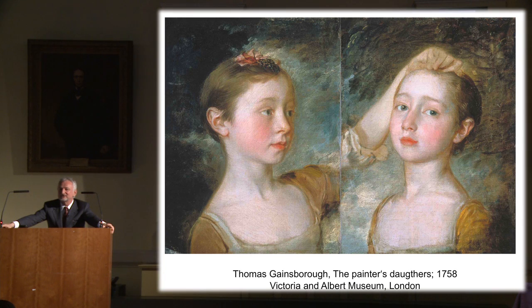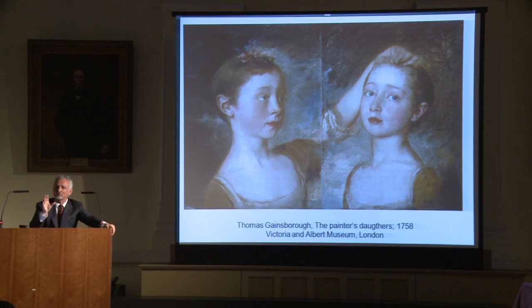And if you look at this picture of Gainsborough, you see that these cheeks, well, they're looking better here than on the projection. The cheeks really come out pink. They signal youth.